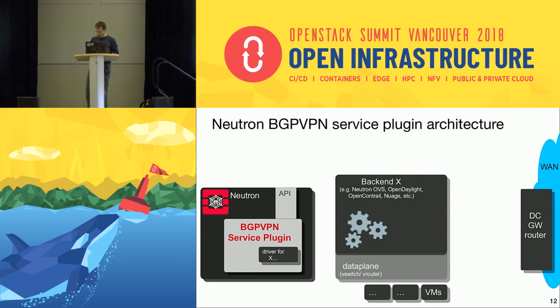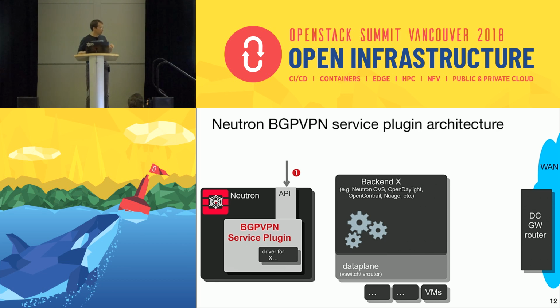So this was the API. We can describe quickly how it's practically done in the OpenStack or SDN components. First, you will have API calls on the Neutron API, on the BGP VPN extension of the Neutron API. This call will be handled by the BGP VPN service plugin.